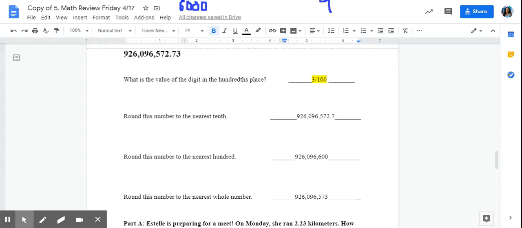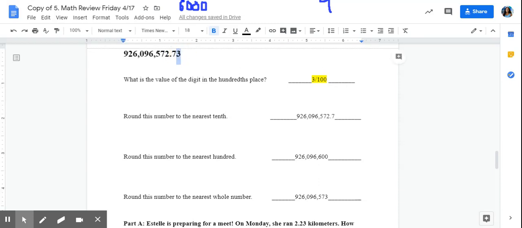Now we're going to round 926,096,572 and 73 hundredths. But first, what is the value of the digit in the hundredths place?